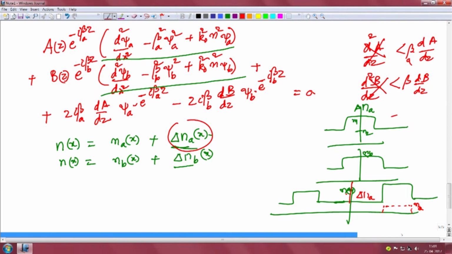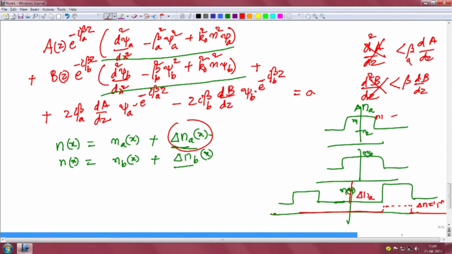Let me say n1 in the core region and n2 in the cladding region, this is delta n equals n1 minus n2 and 0 value all over.